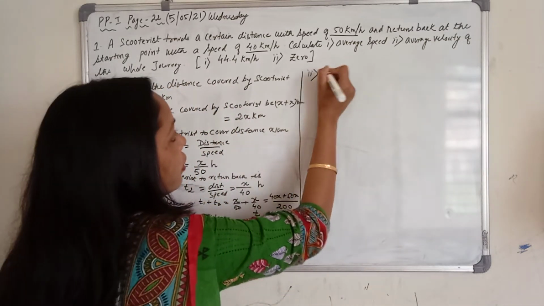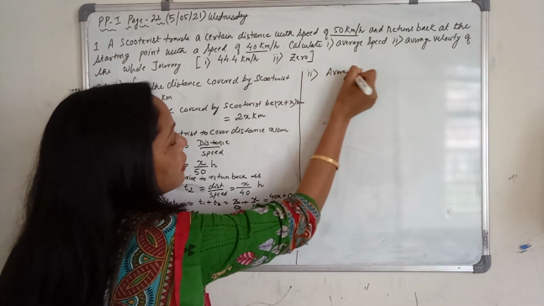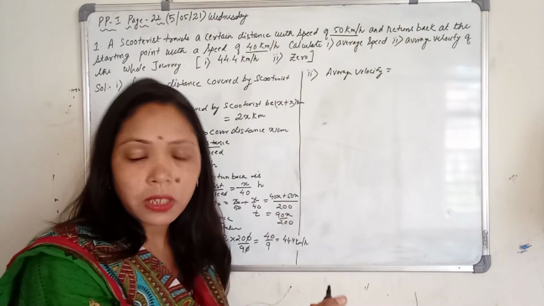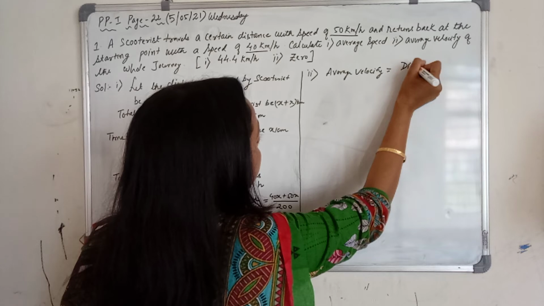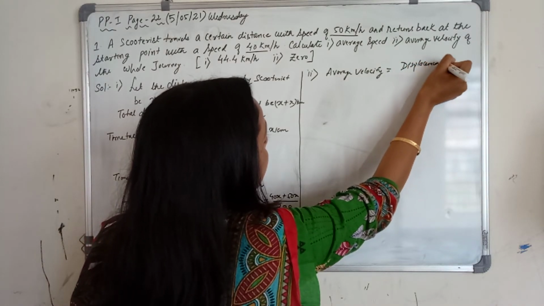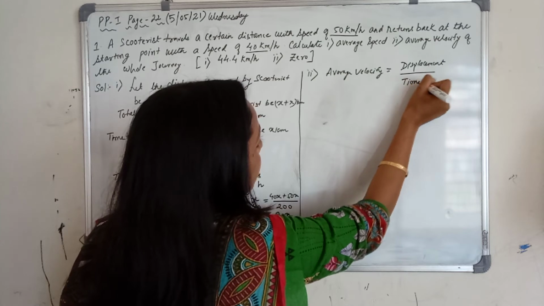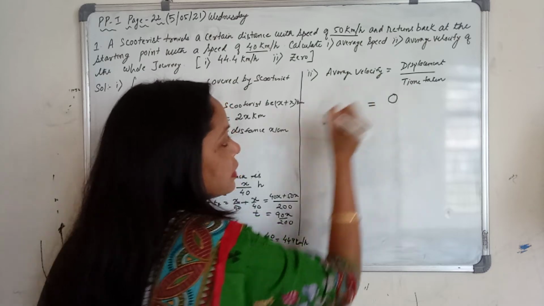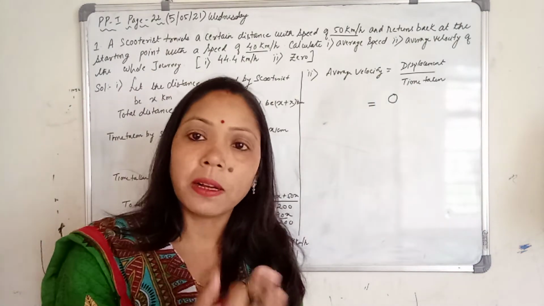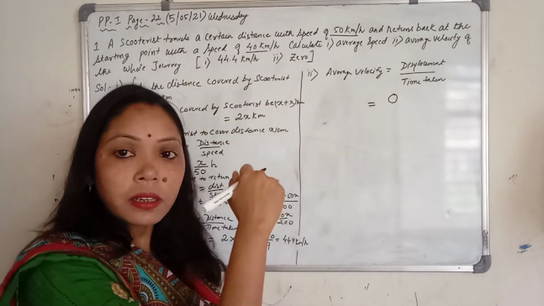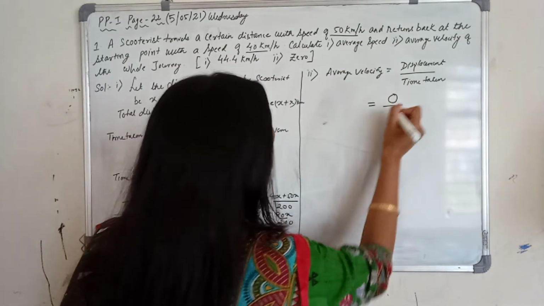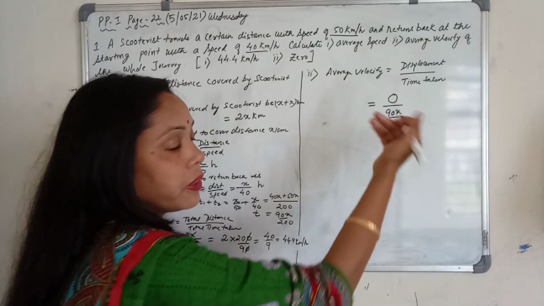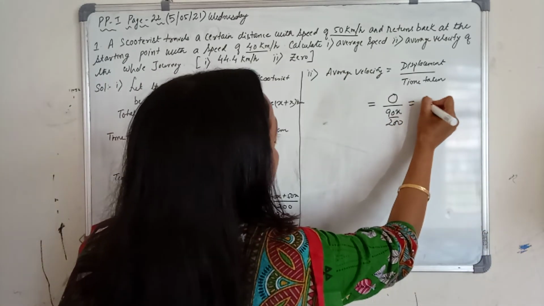So let's start with the formula first. Average velocity is equal to net displacement, or simply displacement by time taken. The displacement will be 0 because the person comes back to the initial point, the starting point. And what is the time taken? This is 90x by 200. Anything 0 divided by any number will give you 0.